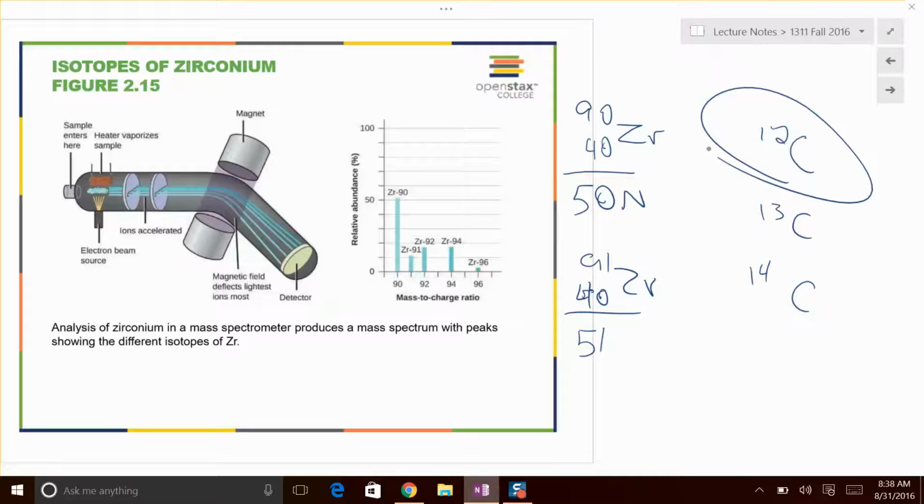So if I burn some wood and you're left with the ash, that carbon sample will have some carbon-12, carbon-13, and carbon-14 within it. You are organic human beings, organic organisms.